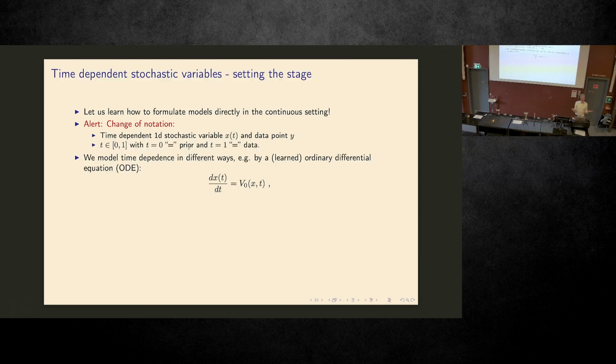So a good way to think about stochastic variables that change over time is a stochastic variable that follows some kind of differential equation, right? For example, you can have a stochastic variable that changes over time according to an ordinary differential equation.